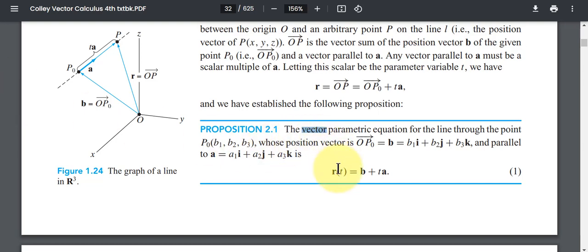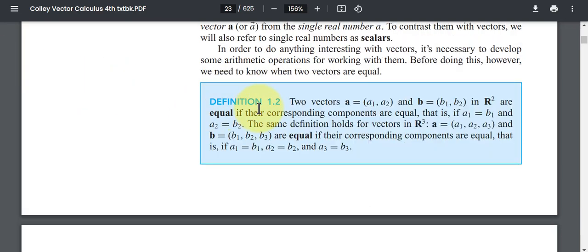Now the next part is a little bit interesting. This vector equation actually can be written as a set of non-vector equations. And that comes all the way back from the first thing we said about vectors: how do we say that two vectors are equal?